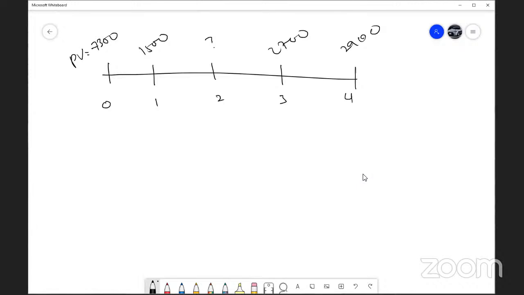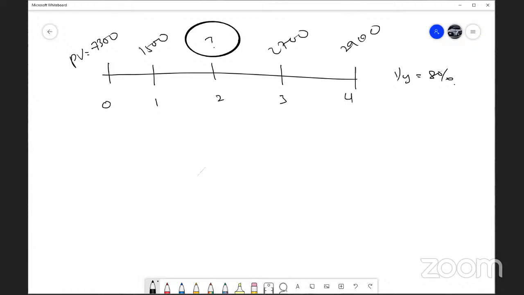Interest rate is 8%. They want you to find what is this cash flow here. So basically, you need to count the discounted value of this whole thing.